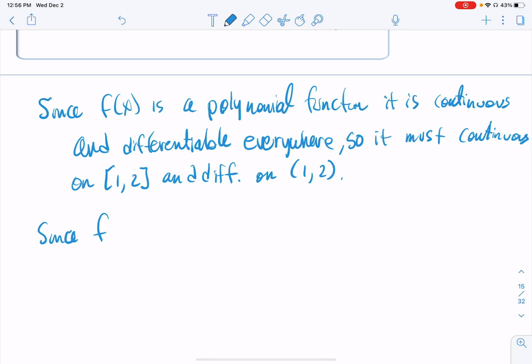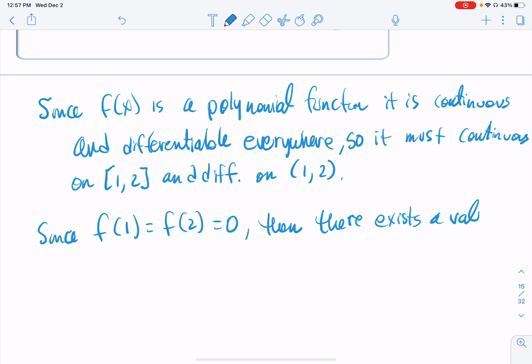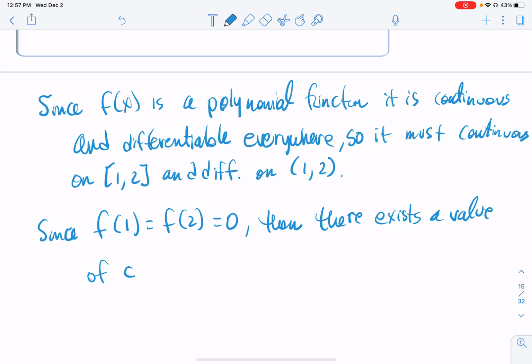Since f of 1 is equal to f of 2, which is equal to 0, then there exists a value of c in the open interval from 1 to 2 such that f prime of that c value's got to equal 0, right?